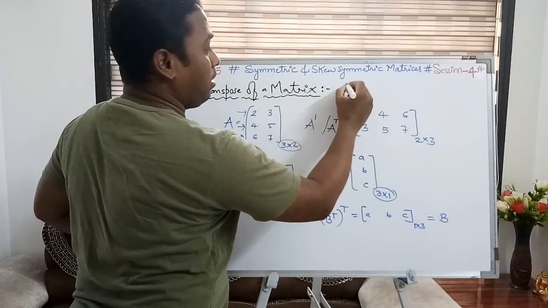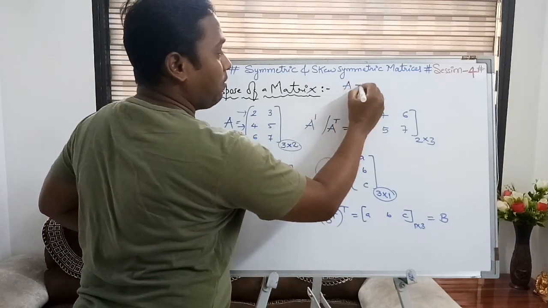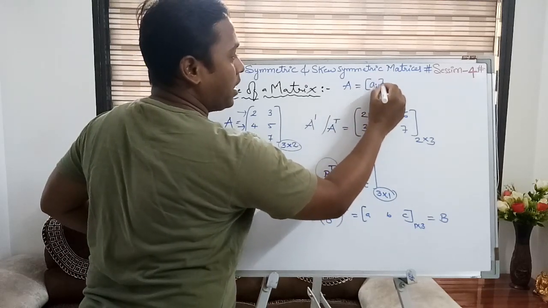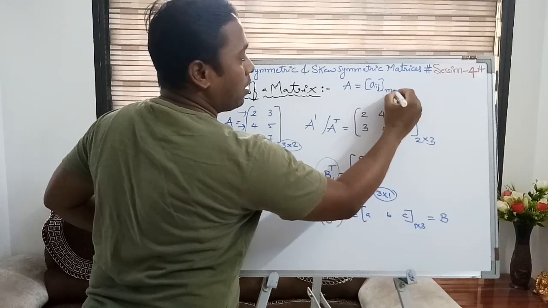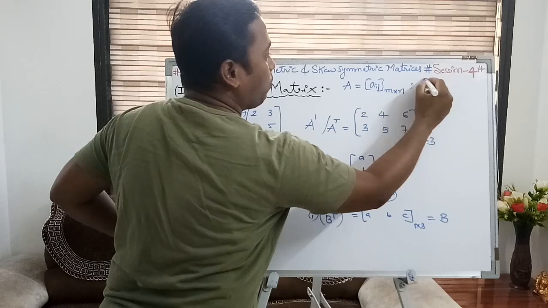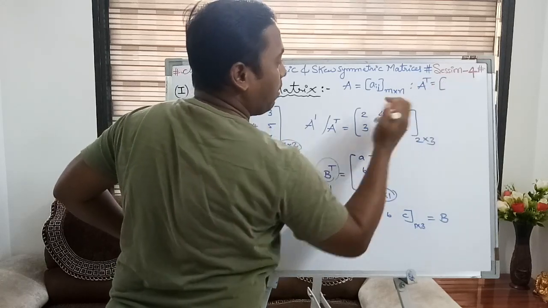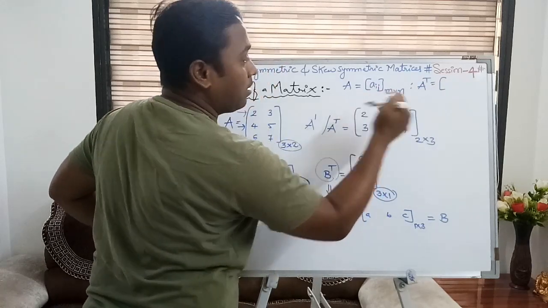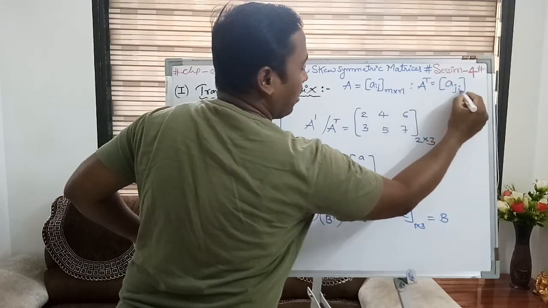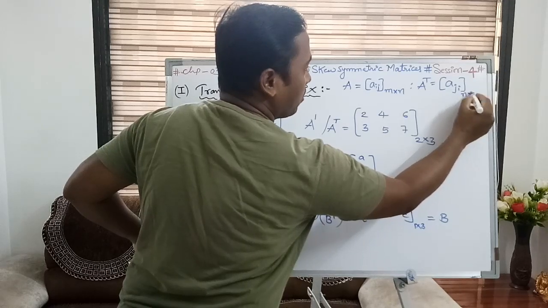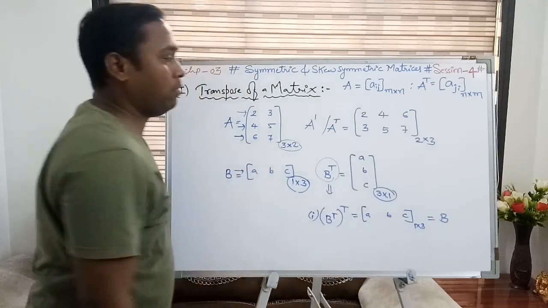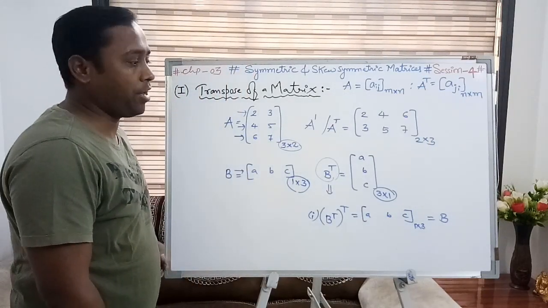Symbolically, if A is a matrix represented by Aij of order m by n, then A transpose will be obtained by changing the order of the element, hence Aij becomes Aji and the order of the matrix becomes n by m. So this is the common definition of transpose of a matrix theoretically.